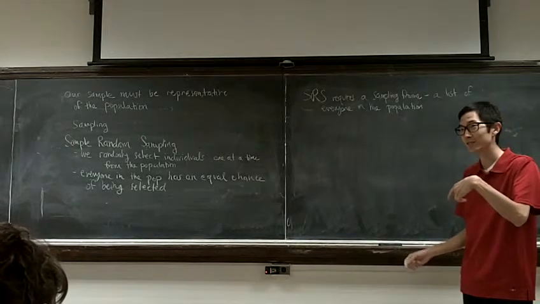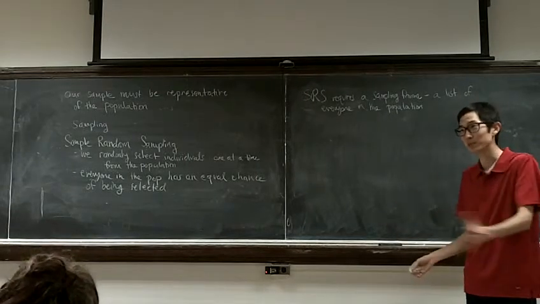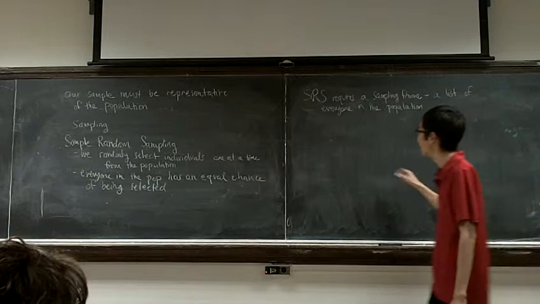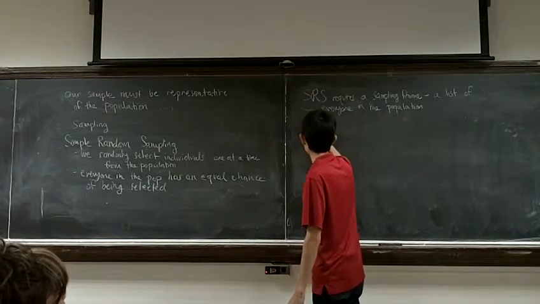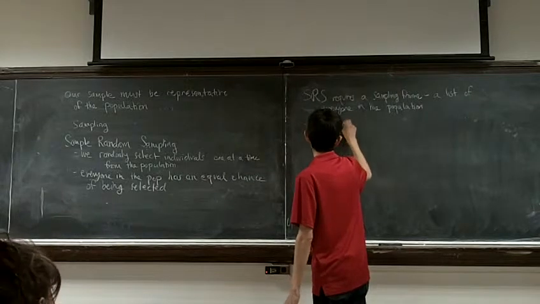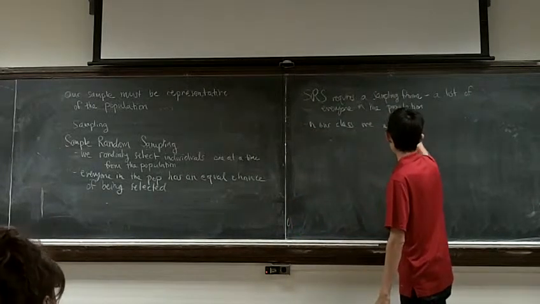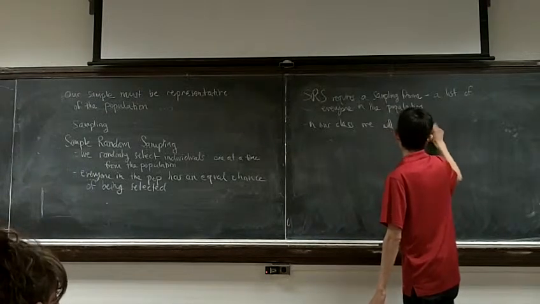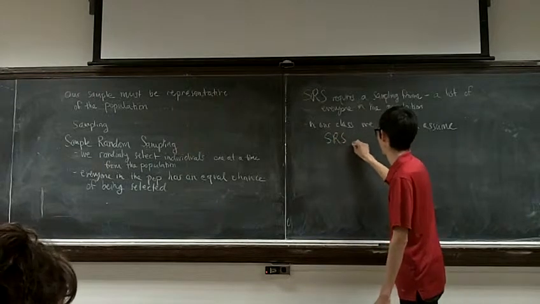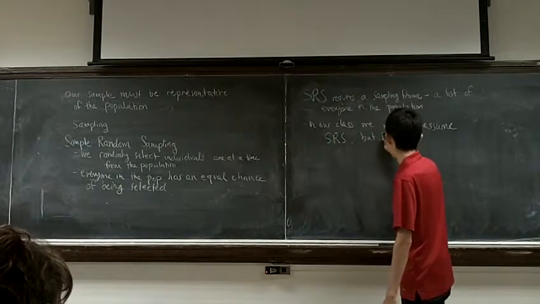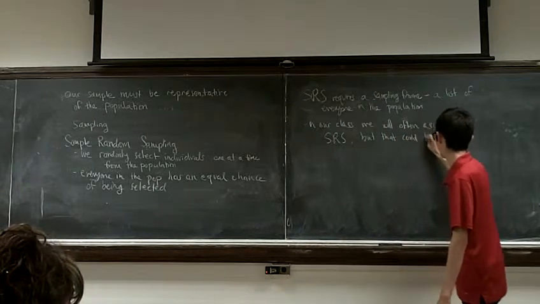You just have to say these conclusions might not be valid because I'm assuming simple random sampling, and that might not be the case. In our class, we will often assume simple random sampling, but that could be a bad assumption.